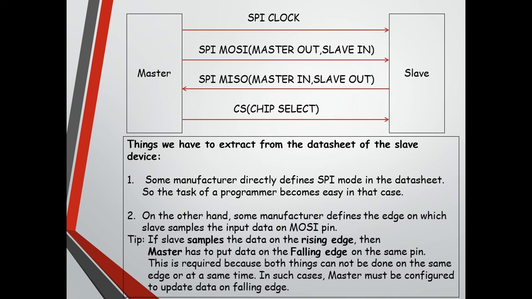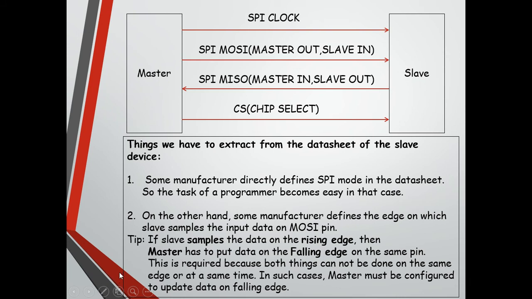On the other hand, some manufacturers define the edge on which the slave samples the input data on the MOSI pin. MOSI means master output slave input pin. That means the master will send the data on this pin and the slave will sample the data on this pin. Please listen to this carefully because this information is very useful in SPI communication.